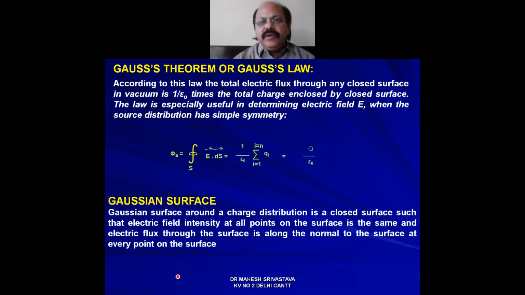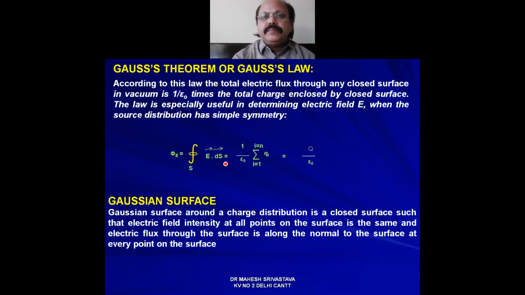So in that condition, according to the definition of electric flux, phi E equal to, here the closed surface is there, so we have to use a closed integral, means the integration sign with a circle placed on it. Its meaning is the closed integral over the surface S of E dot ds. So this becomes the total electric flux through a closed surface.